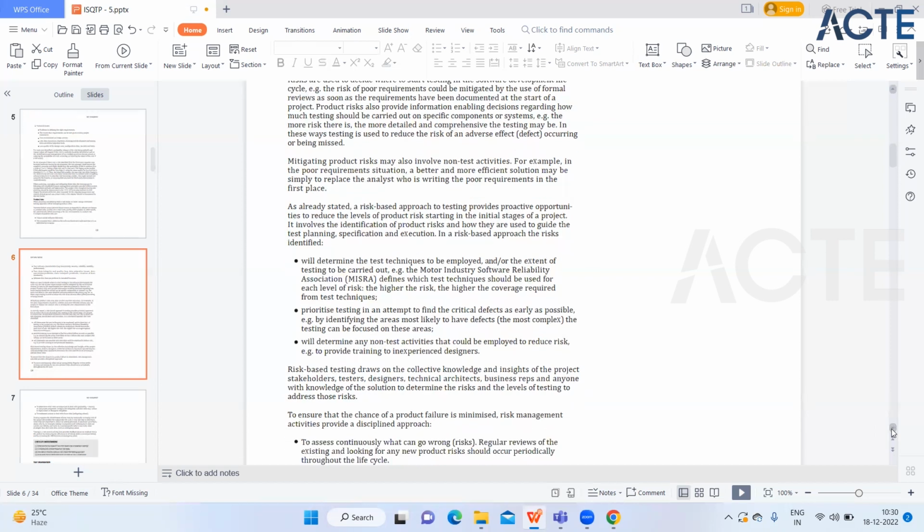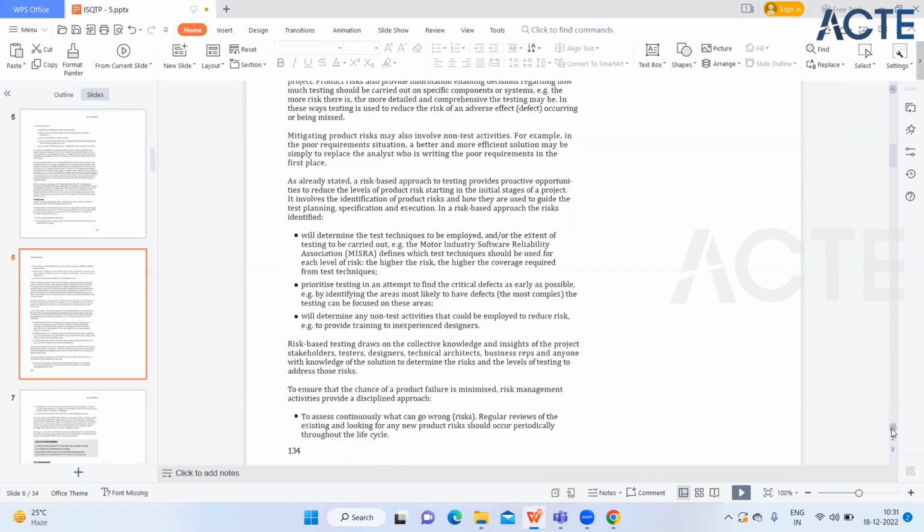Now, to ensure that the chance of a product failure is minimized, risk management activities provide a disciplined approach to assess continuously what can go wrong. Regular reviews of the existing and looking for new product risk should occur periodically throughout the life cycle. So here they are saying how we can minimize the chances of product failure risk: by assessing continuously what can go wrong.